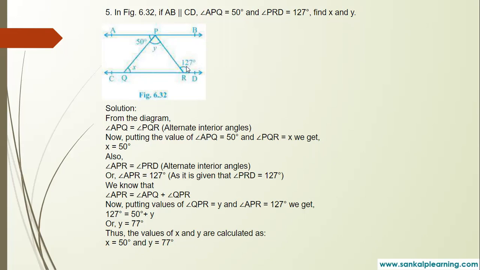I said the exterior angle equals the sum of the interior opposite angles. Which are the opposite interior angles? x and y. So x plus y is equal to 127. Okay children, x plus y is equal to 127. So if you add these two you should get 127. You already have x, x is equal to 50. So 127 minus 50 gives you angle y. Okay, so that is how we find out x and y.